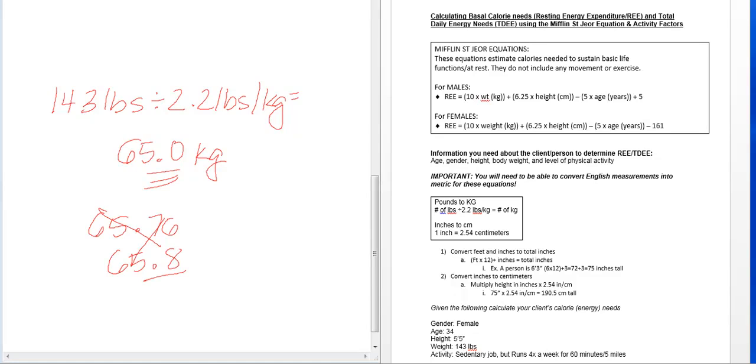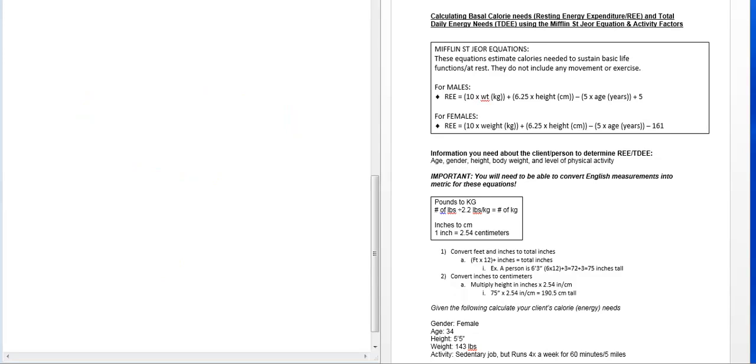So now let's plug those numbers into the equation. So we're going to pick the female equation and solve for her resting energy expenditure. So that equation is 10 times her weight, which is 65 even. And then we're going to add 6.25 times her height in centimeters, which we know is 165.